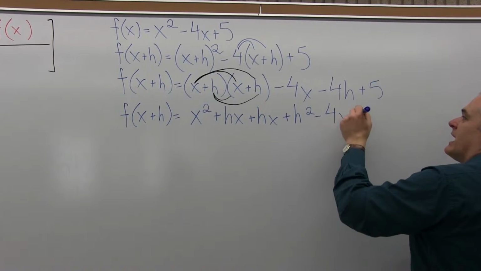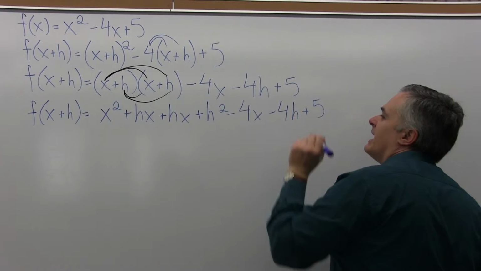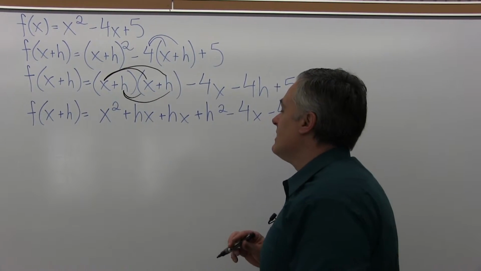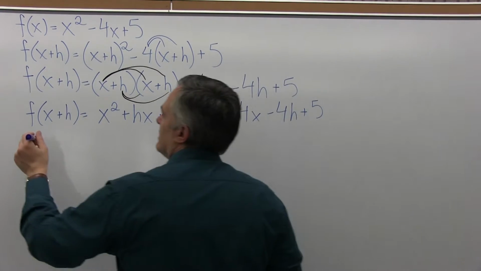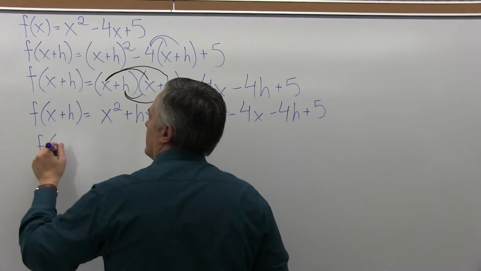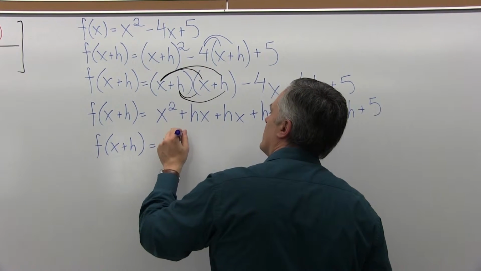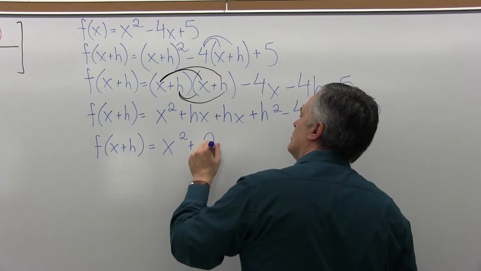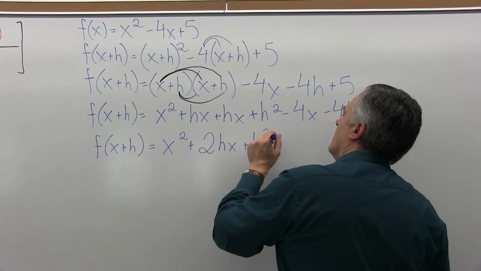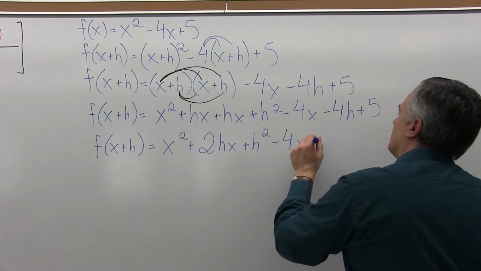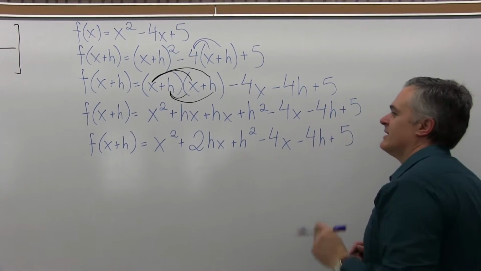Minus 4x minus 4h plus 5. And I can just combine the hx and the hx here. And finally I have f of x plus h equals x squared plus 2hx plus h squared minus 4x minus 4h plus 5.